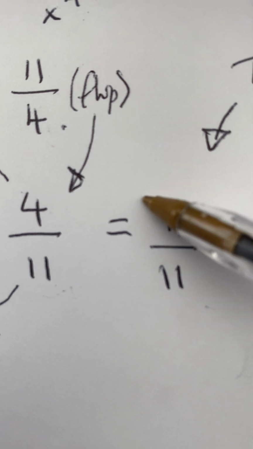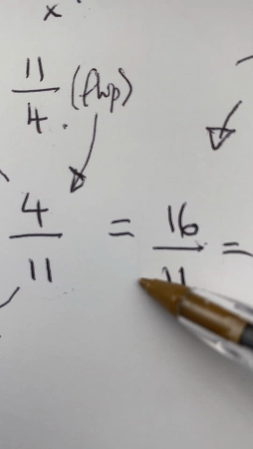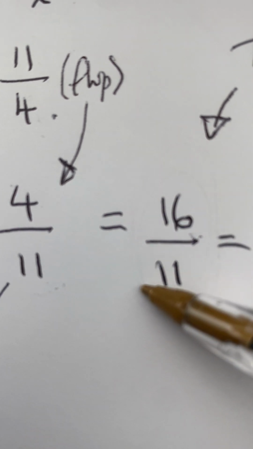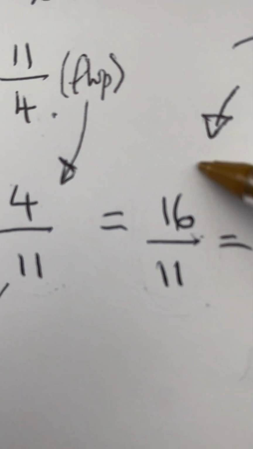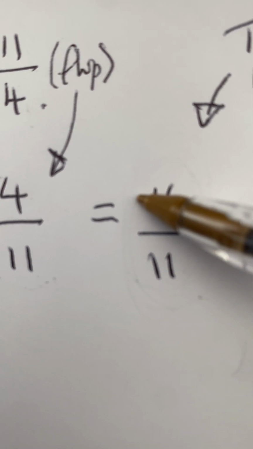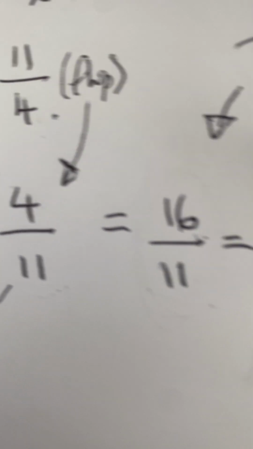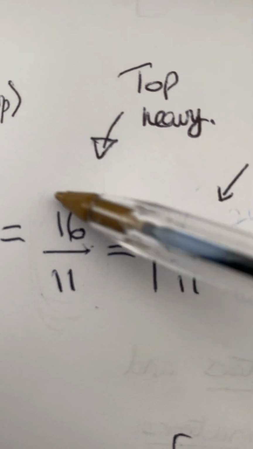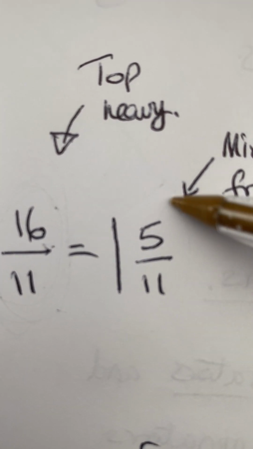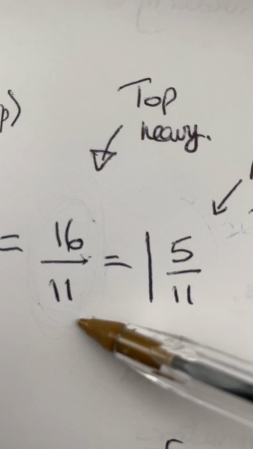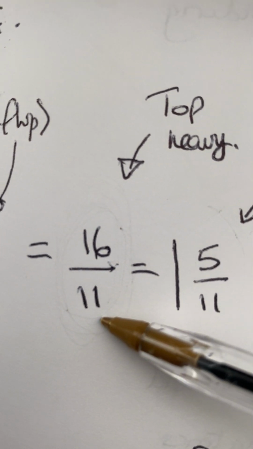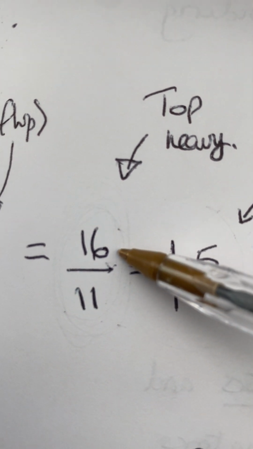We can leave our answer in this form as an improper fraction if the question says we should. But if the question says we should go further and simplify and leave it as a mixed fraction, then we would look at this. How many 11s do we have in 16? 1.